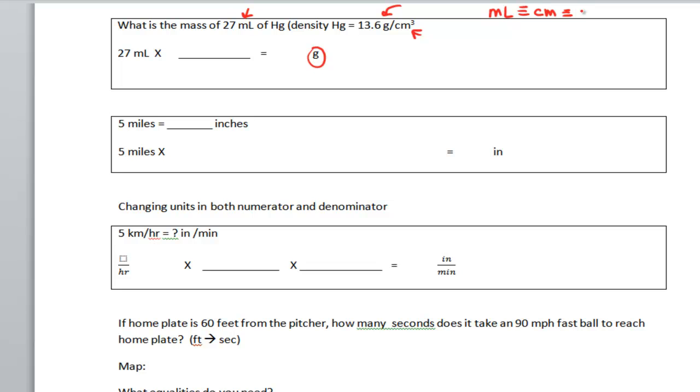In fact, all three of these designations mean the same thing: cc, centimeter cubed, and milliliter. So I'm simply going to change this to milliliters because it's an identical unit, and I want to cancel out the units, milliliters, and I want to put it in grams, and there are 13.6 grams per milliliter for mercury.